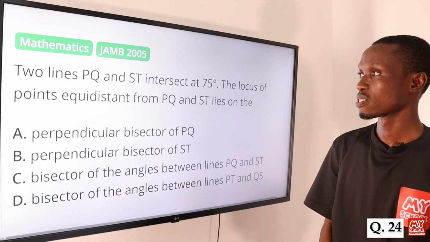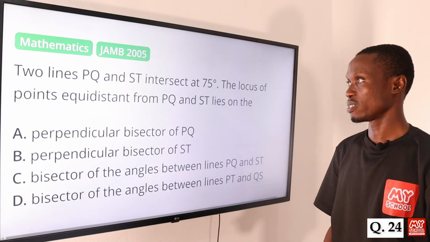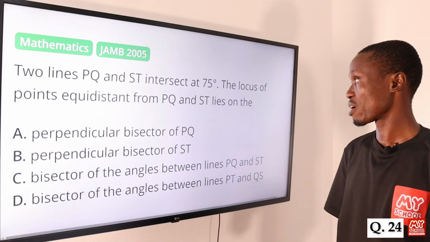square. Question 24. Two lines PQ and ST intersect at 75 degrees.